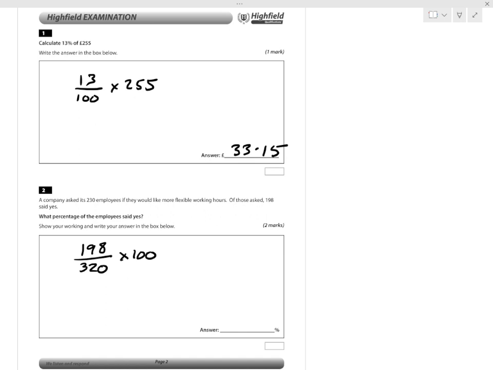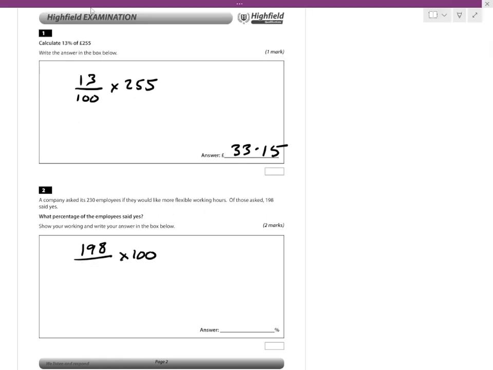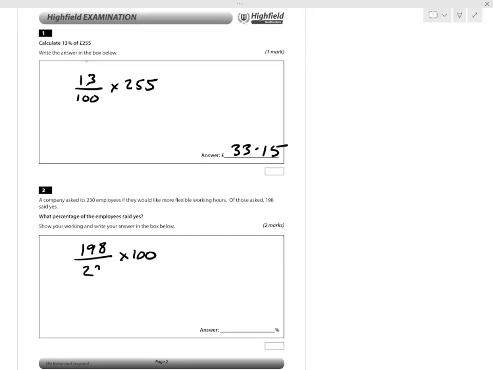198 divided by 320. It's 230, isn't it? I've got my numbers the wrong way round. It's 230.